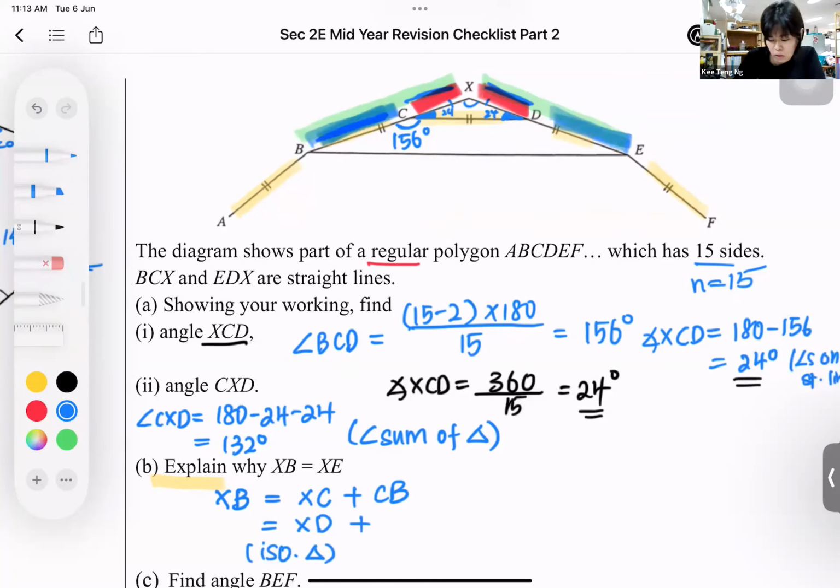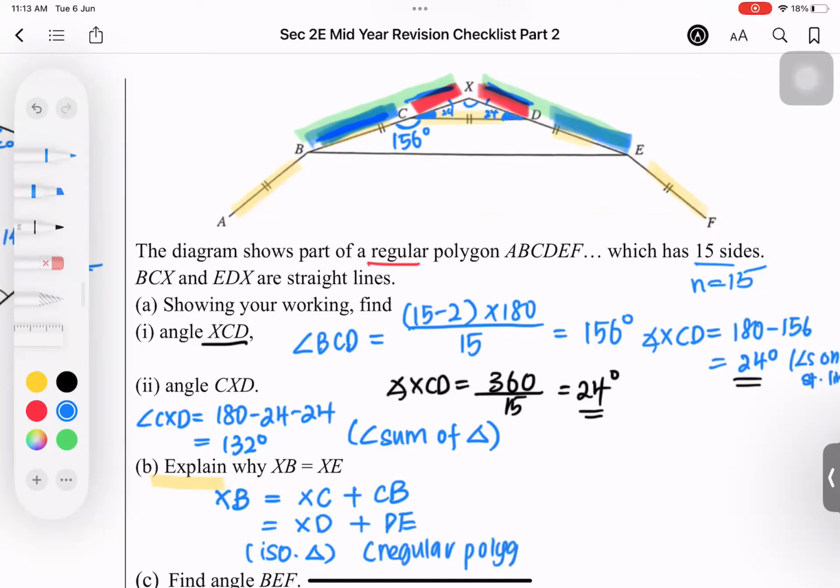Okay, you need to learn this in Sec 3, congruency and similarity, you need to prove it. So the writing of the proof is very important. DE, why is it DE? Because this is a regular polygon. And therefore XD plus DE will be equal to XE.